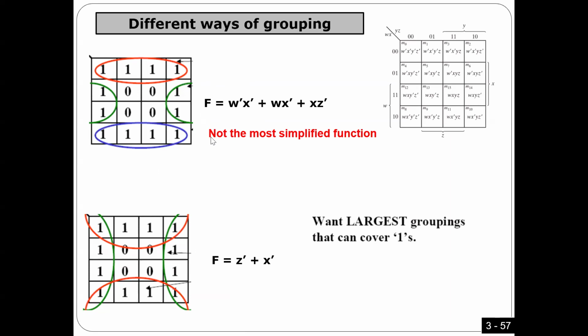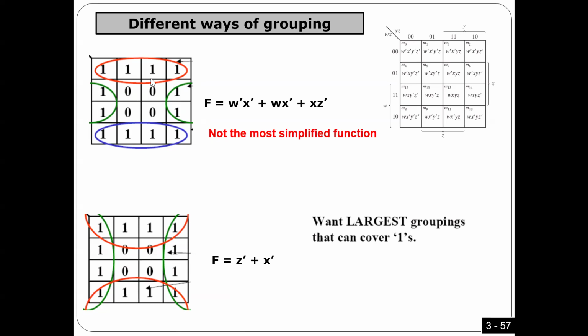Here I decided to make 3 groups. I took these 4 together for one group, these 4 together, one group, and these 4 together, one group. I decided to make it this way.